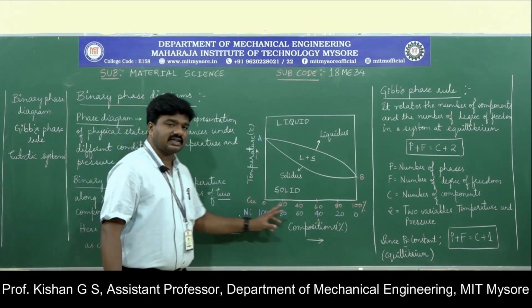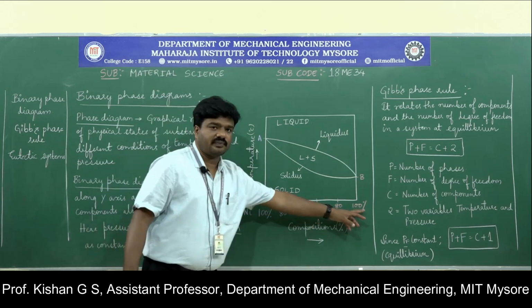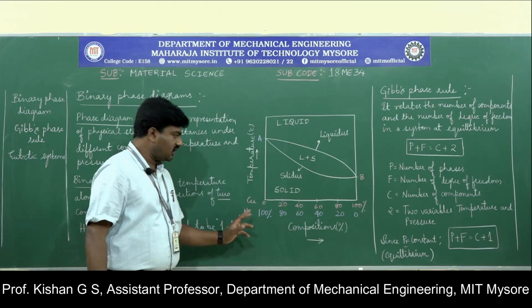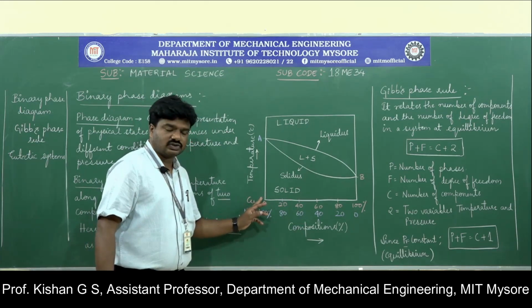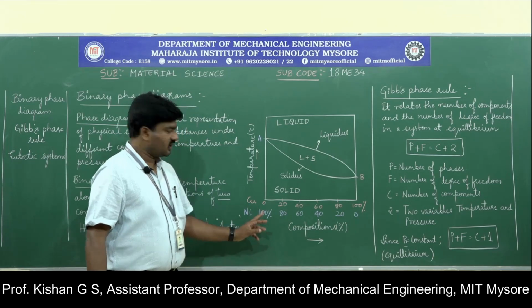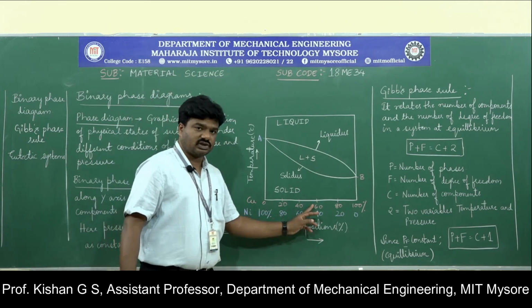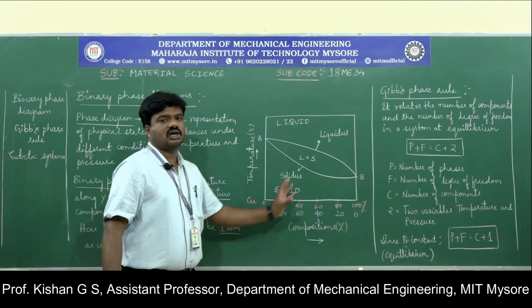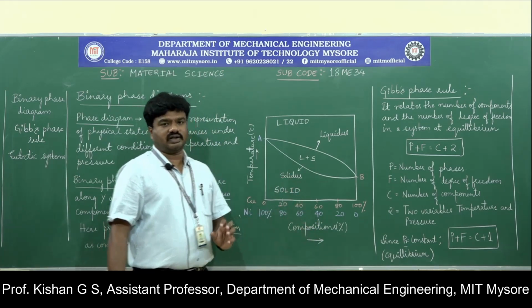You can observe the x-axis here, 0 to 100 and simultaneously 0 to 100 from the right side. It means that if we have 0% of copper in the mixture, then it consists of 100% of nickel. Similarly, if we take 60% of copper, then we will have 40% of nickel. This is the combination of the two materials.